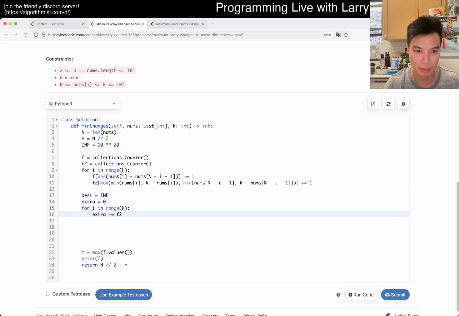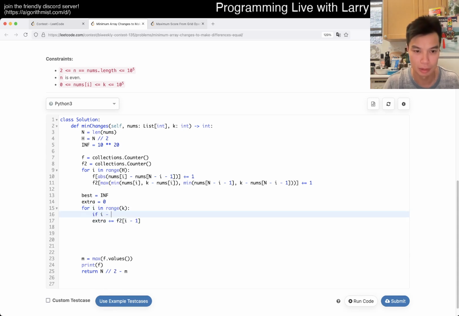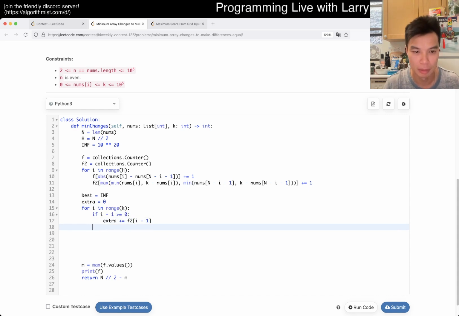Extra we added by f2 of extra. No, because this is max, so it's going to be i minus 1 maybe, because that's the max. Okay. This is awkward. That's fine. And then best is equal to min of best, extra plus f of k, or h minus f of k.